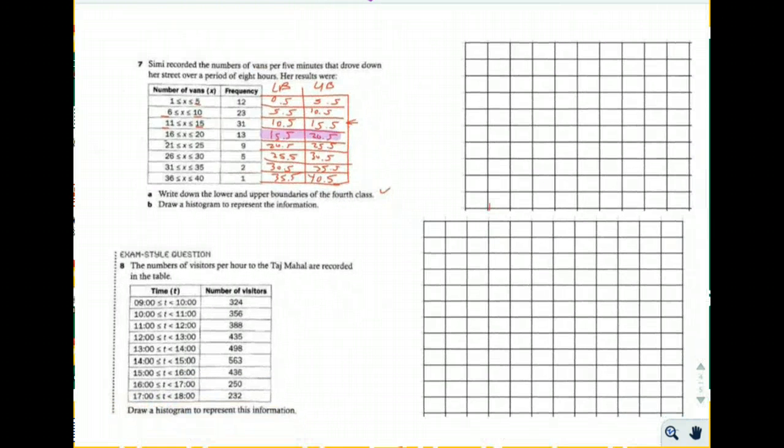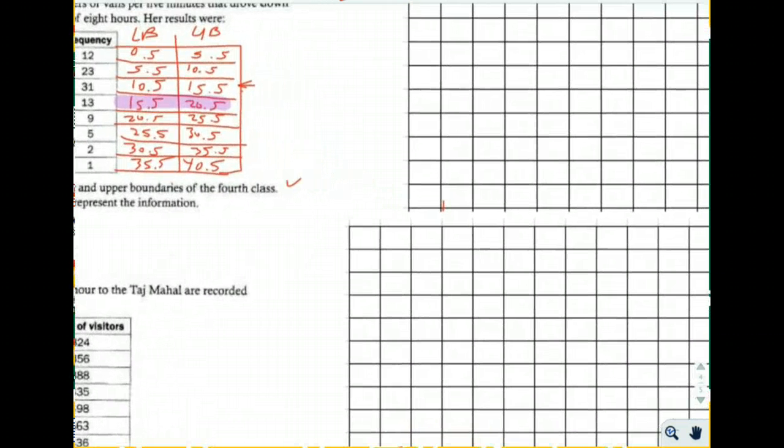Okay, so first we mark the x-axis with the boundaries. So it would be 0.5, it would be 5.5, 10.5, 15.5, 20.5, 25.5, 30.5, 35.5, and 40.5.